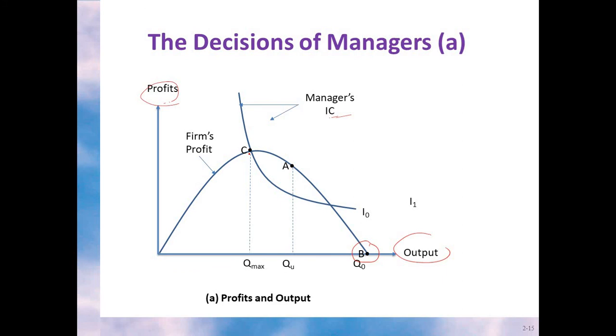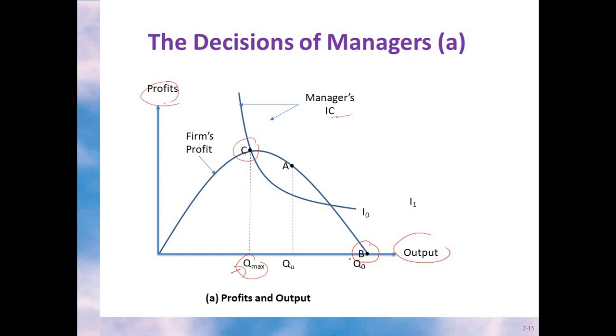If you look at this profit curve, the managers intersect with this indifference curve, and can be at point C or at this point. But if the managers want to increase both profit and output, then profit will be at point C, maximum profit, and Q will be here. You should produce here to get the maximum profit.